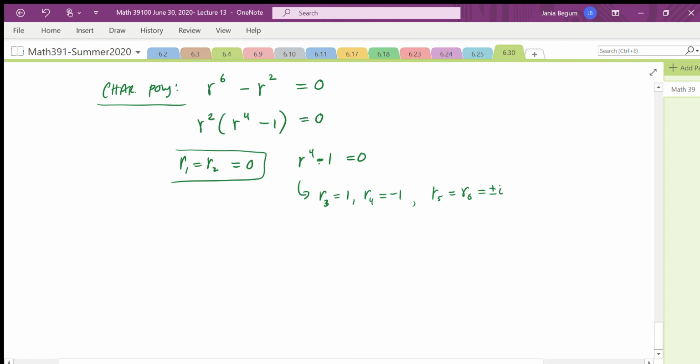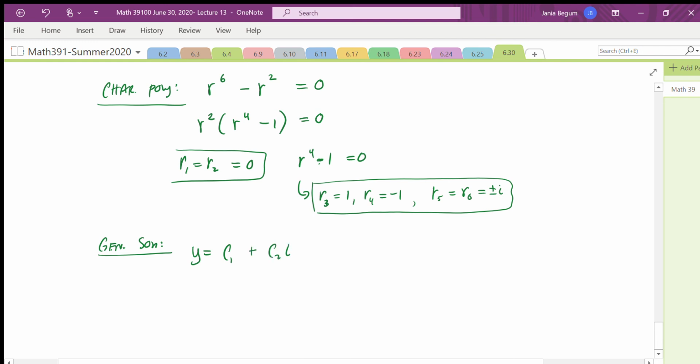Okay, so we have all the roots. So let's look at how the solution would look. So our general solution is going to be y equals, with the repeated roots, c1 e to the 0t, that's just 1, plus c2, make it distinct by multiplying it by t. And then the remaining ones we already know from before.